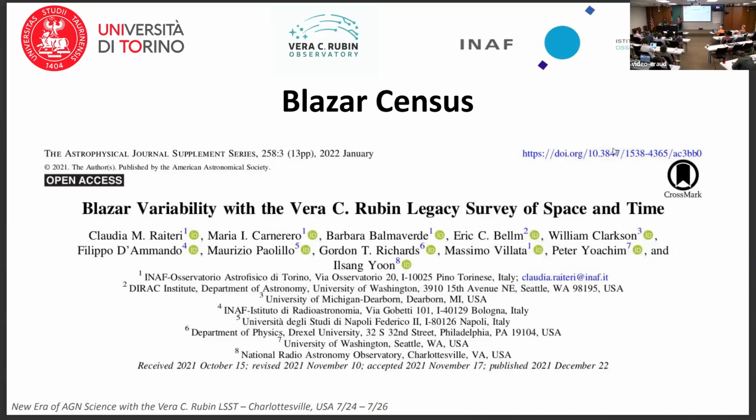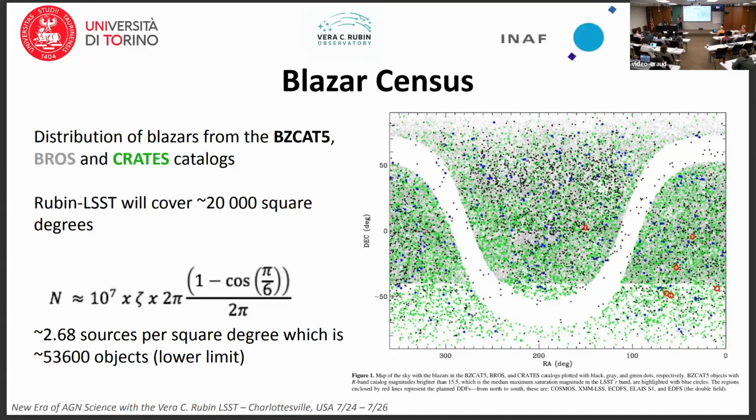There has been a paper by my supervisor, Claudia Alfieri, which is based on the variability of blazars in the deep drilling field. In this paper, they also did a rough estimation of how many blazars we will expect to have in the sky covered by LSST.